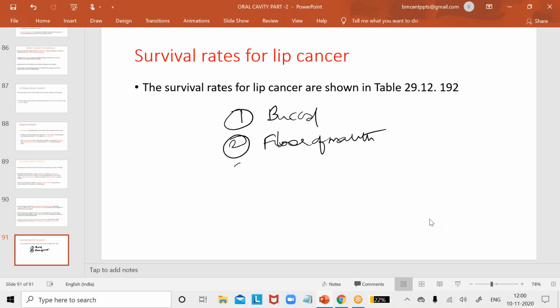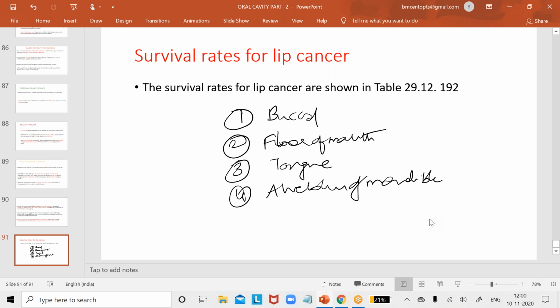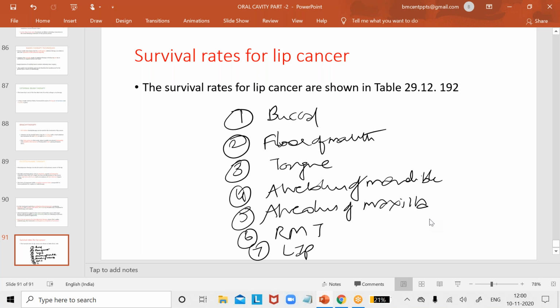You should keep in mind what areas are there. Number 3, tongue cancer; number 4, alveolus of mandible; number 5, alveolus of maxilla; number 6, retromolar trigone; number 7, lip cancer.